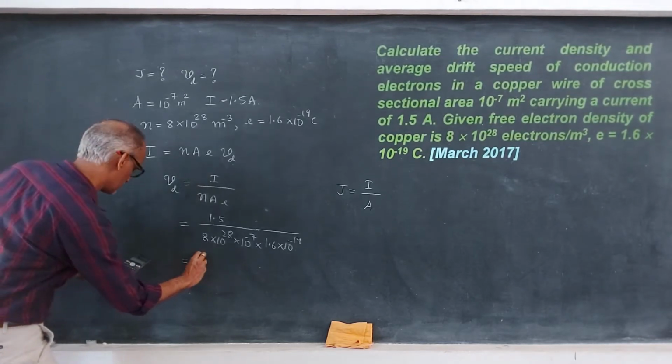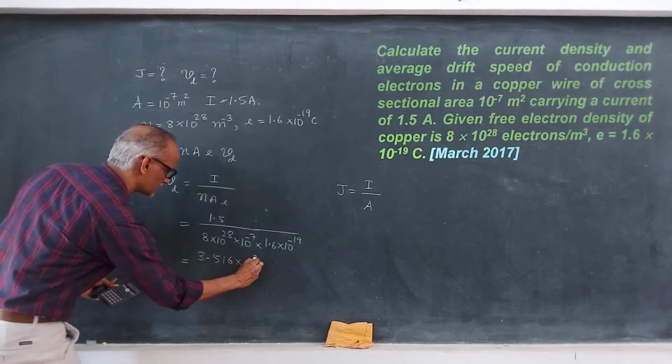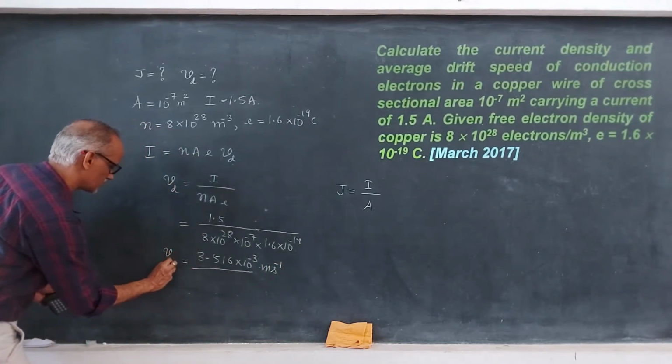When you simplify this, you will get 3.516 × 10^-3. It is a velocity, so it is in meter per second. So, that is the drift velocity.